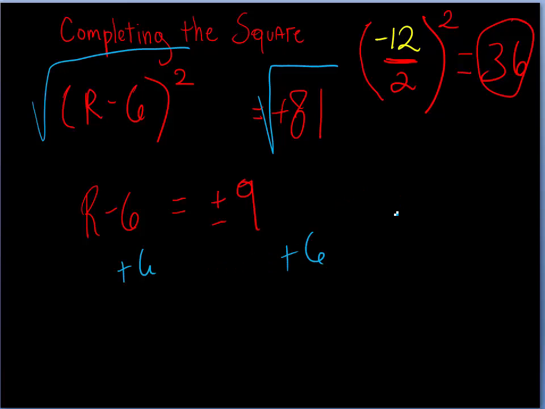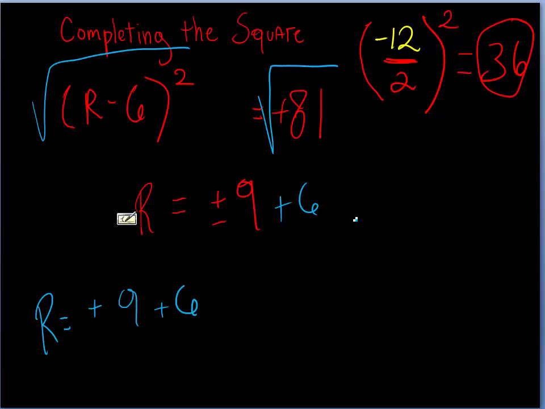Add or subtract to get rid of the number next to r. R equals plus or minus 9 plus 6. Now simplify. R equals plus 9 plus 6, or negative 9 plus 6. Simplify again. R equals positive 15, or negative 3.